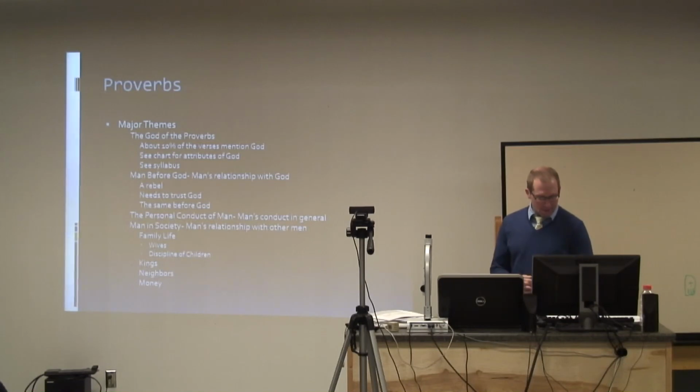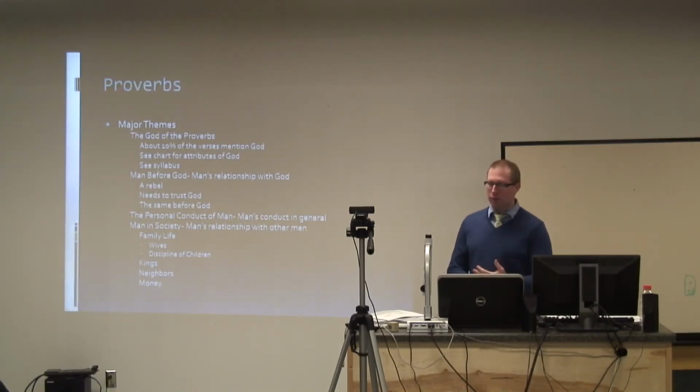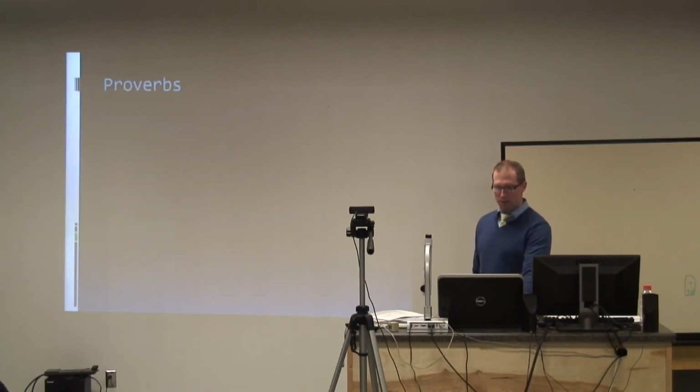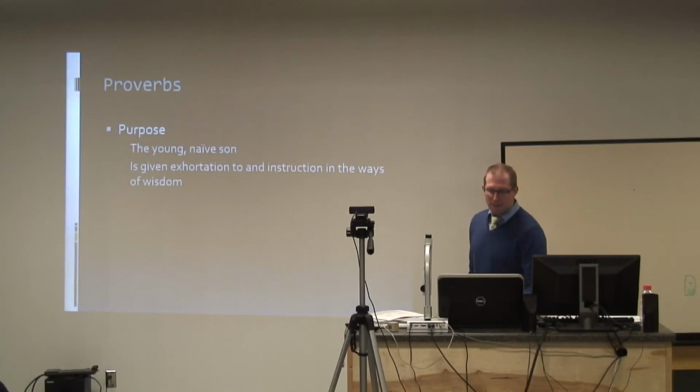Choosing a good wife is a huge blessing, and choosing a bad one is a huge bane. As far as with his children, a wise man both instructs and disciplines his children. You see a great deal of wisdom there. Again, how he relates to kings and standing before them, how he relates to his neighbors, how he relates to his money as well.